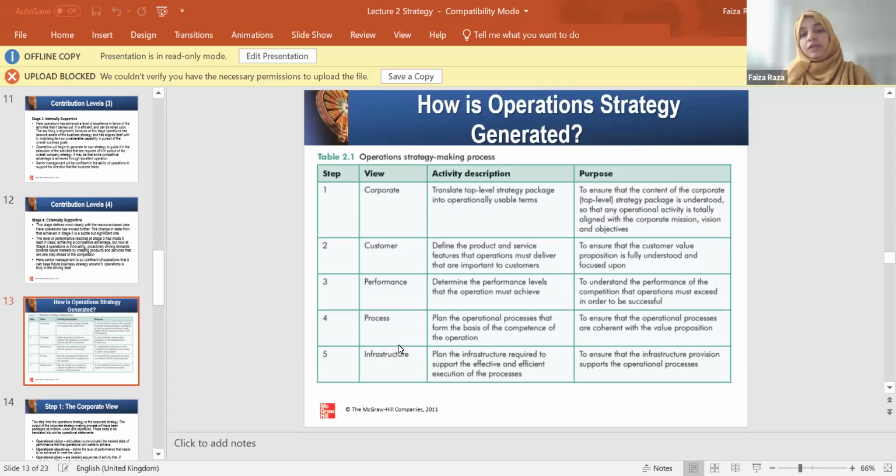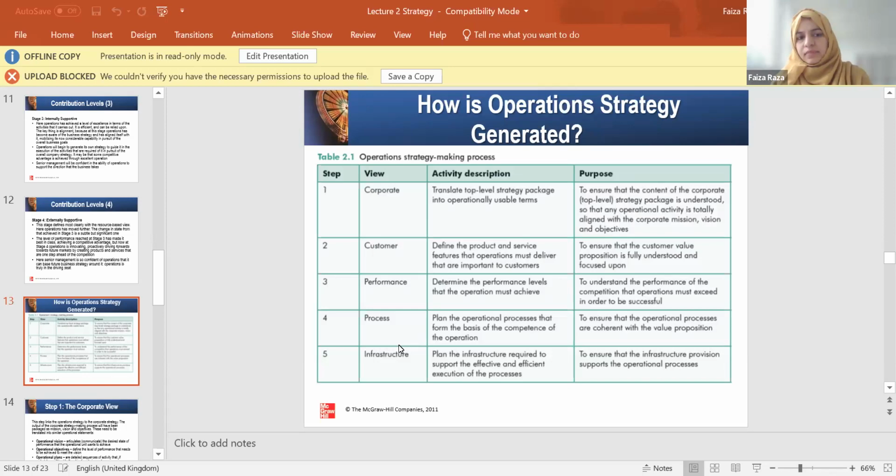At this level, you need to define, from the perspective of customers, the product and service features that operations must deliver that are important to customers. The purpose is to ensure that the customer's value proposition is fully understood and focused upon. From the customer's perspective, you must realize what the customers want from your product. What are the customers' needs, basically?